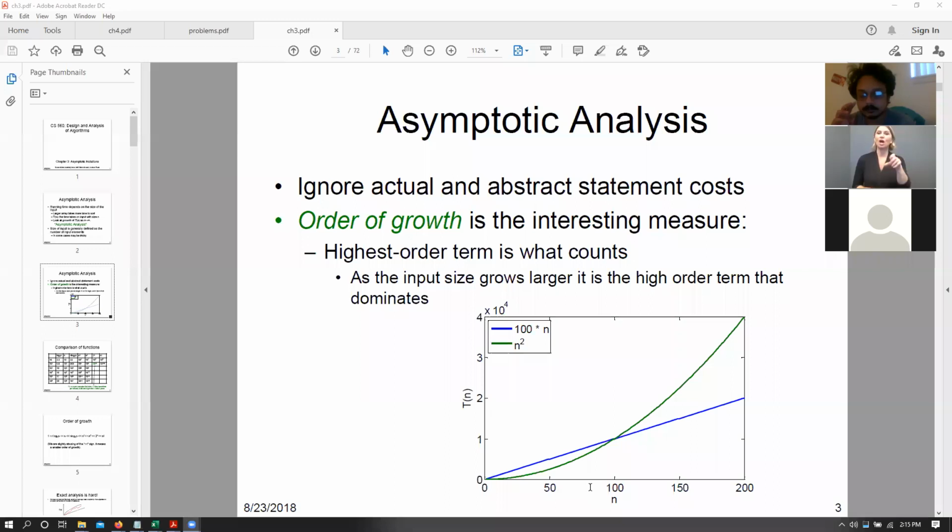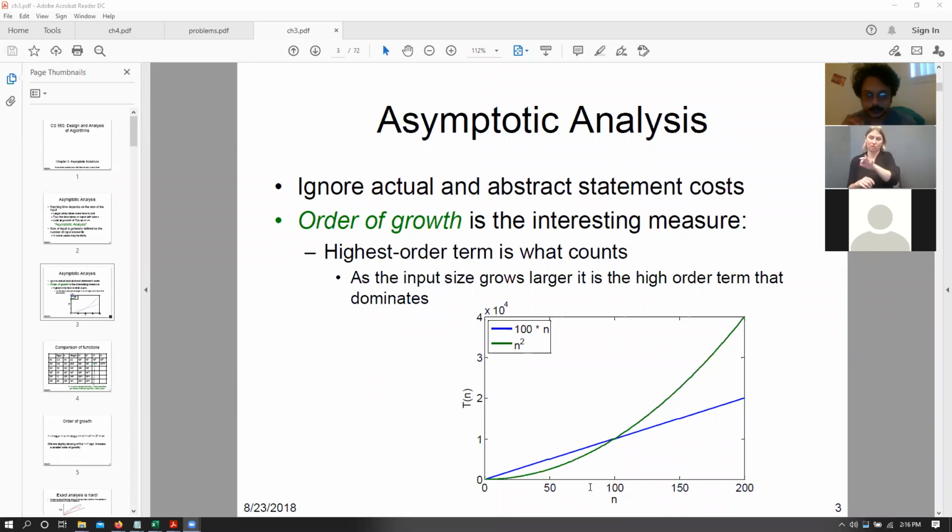Whenever we talk about asymptotic analysis, we are going to be looking at two main things. The first thing that is obvious from this graph is what is the value of n after which I can clearly state that one function will always be larger than the other function.